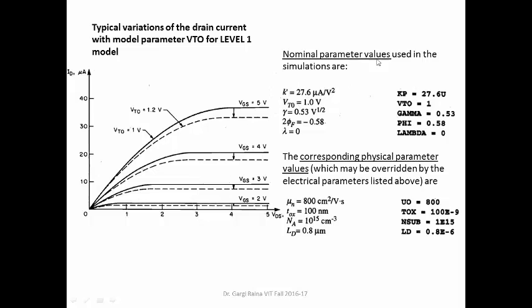The nominal parameter values used in this simulation are given alongside, where the transconductance parameter is 27.6 microamps per volt square, designated in the element description line as 27.6 U. V threshold is given as 1 volt, just designated as 1.